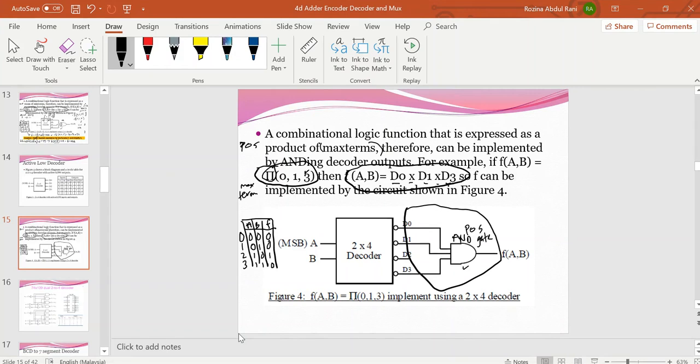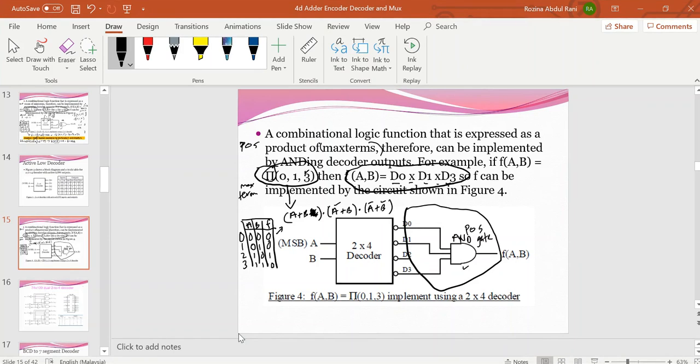So the Boolean function for this equation is A plus B, and with A bar plus B, and with A bar plus B bar.